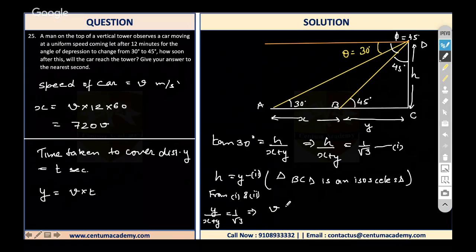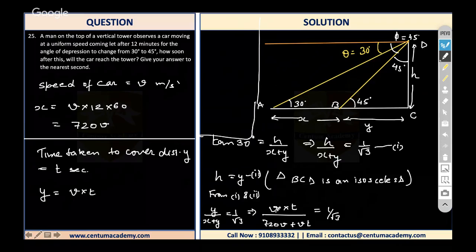V into t upon, what is x? X is 720 V plus V into t, y, is equal to 1 by root 3. So for the want of space, I'm writing it here. You should actually carry it down, right? So let me write it here in this space. So I'll be utilizing this space.